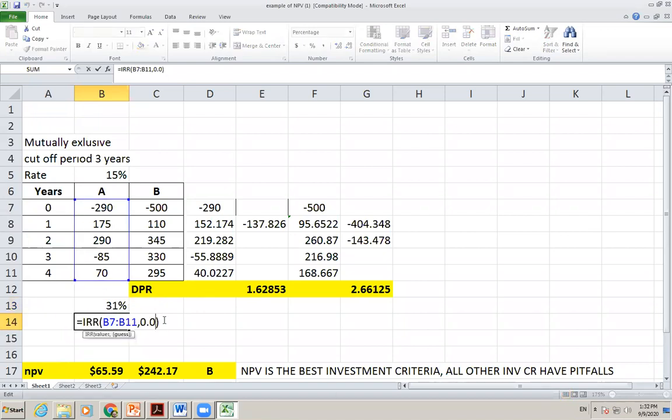But I will change this to 10%. Then I will repeat it 4 times, okay?